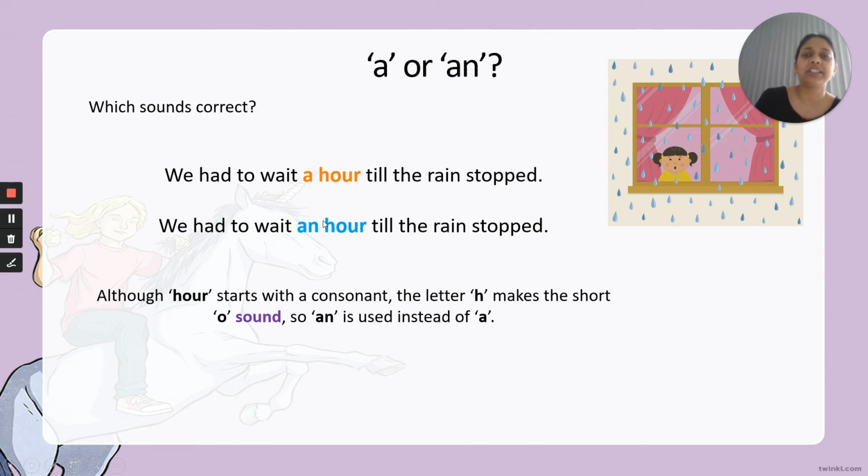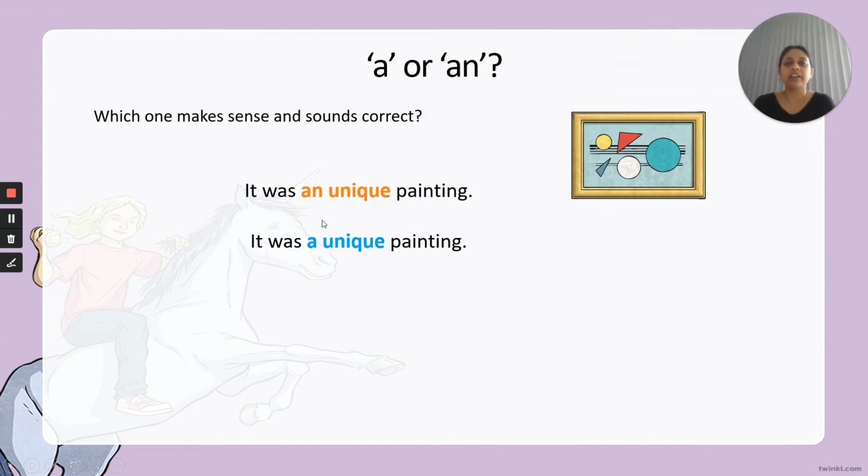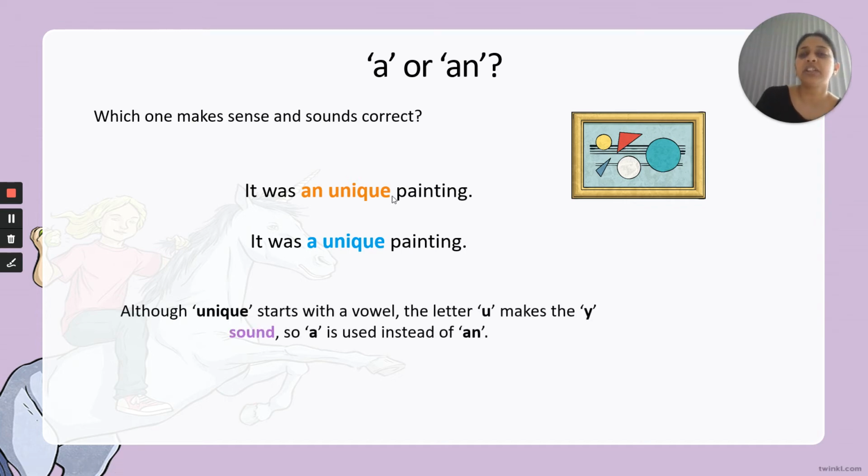I know it still starts with an H, and the H is a consonant, but when we pronounce this word, we don't say the H. So when we start the sound with an ow or a vowel sound, it will have an. Okay? And in the same way, when you have a word which starts with a vowel but gives you a consonant sound, it will be a.